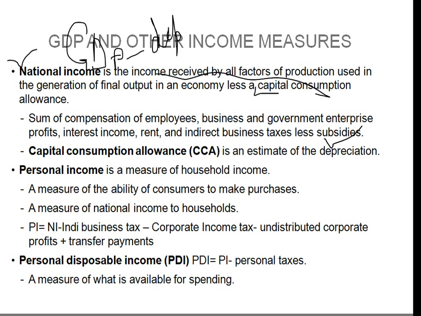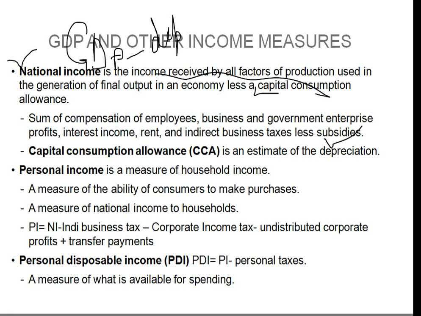Personal income is the measure of household income, what everybody as a whole is going to get. This is the ability of consumers to make purchases, a measure of national income going to households.